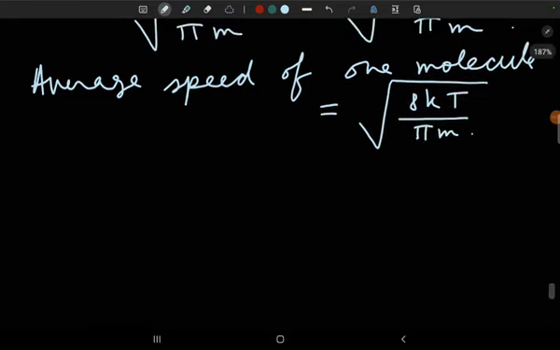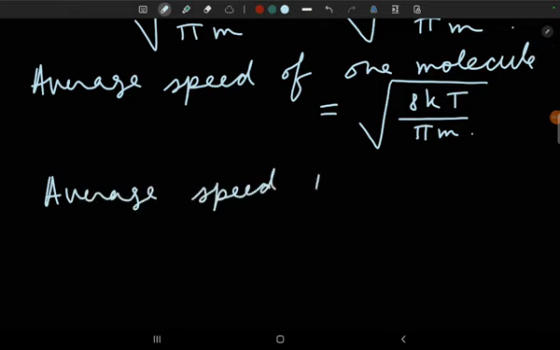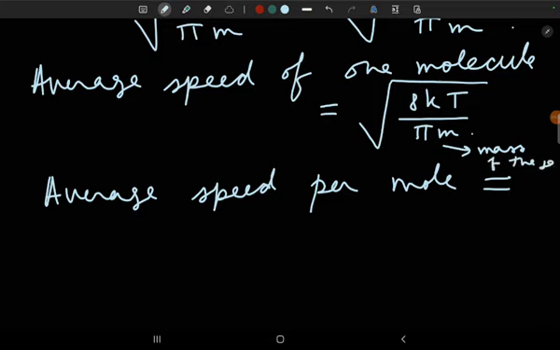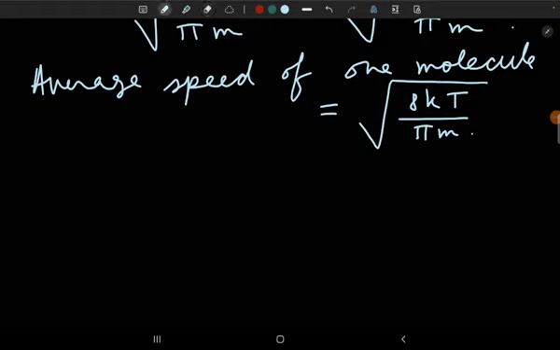If we had to find the average speed per mole, then this m was the mass of the gas molecule.